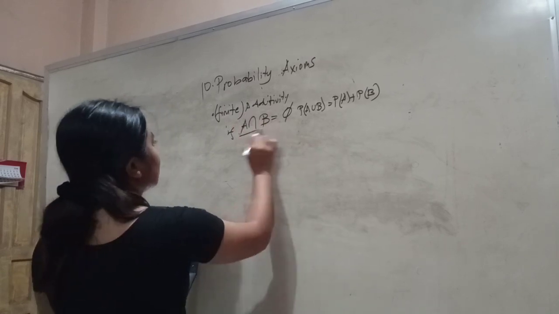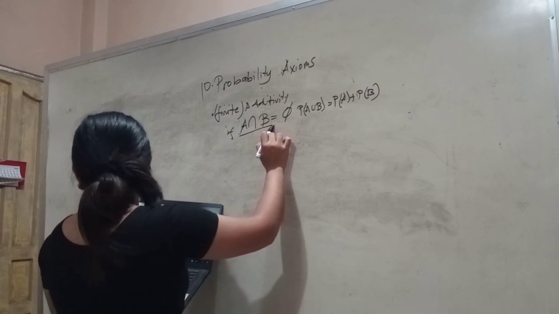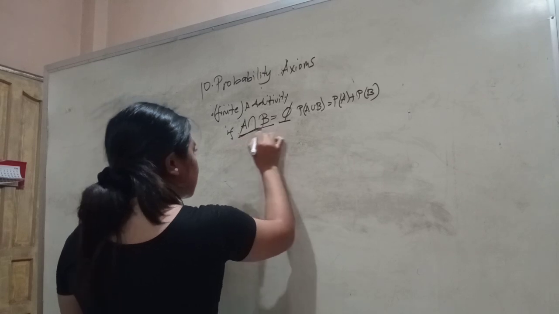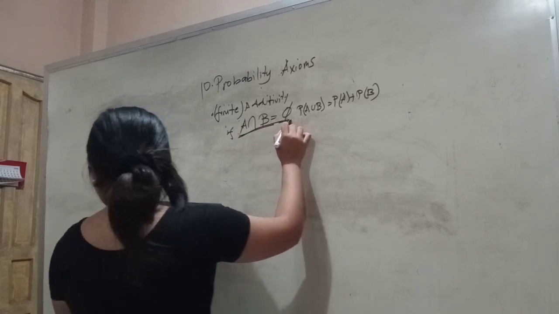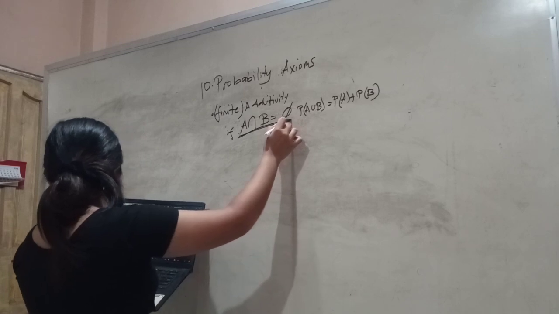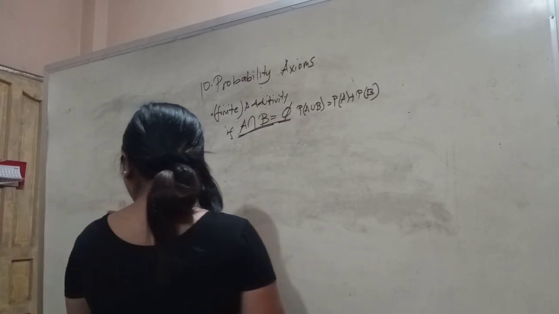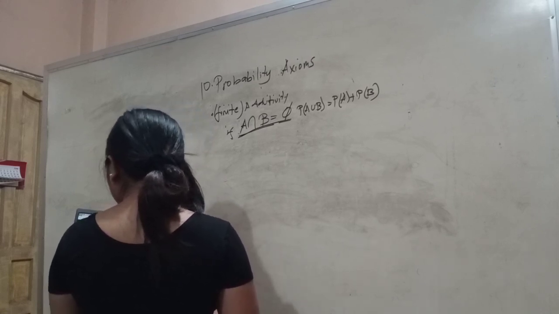This one means A and B have no outcomes in common, or are disjoint, mutually exclusive.